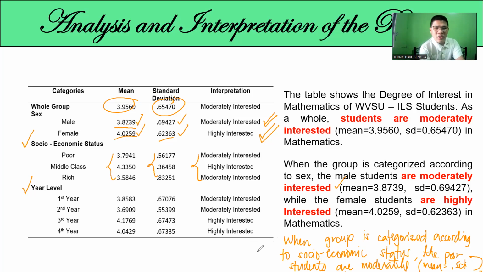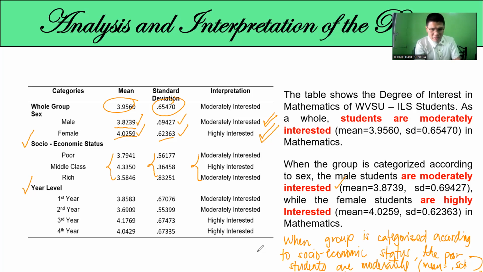But always take note in the interpretation of your data, for as long as you have interpretation, please add a supporting research that is aligned with your result, or it may be aligned or it contradicts your result.